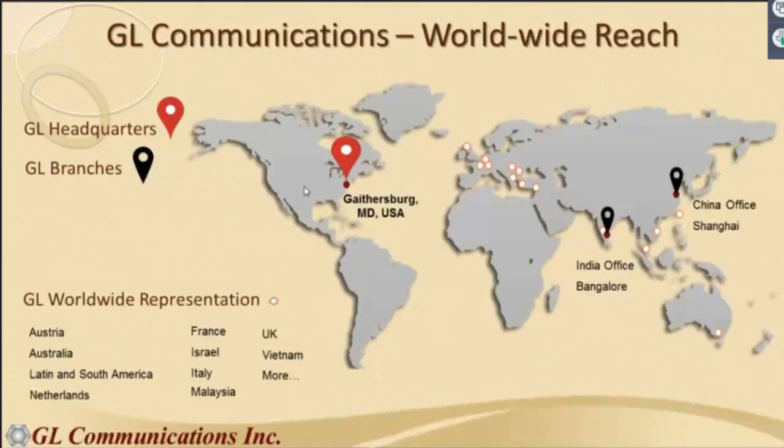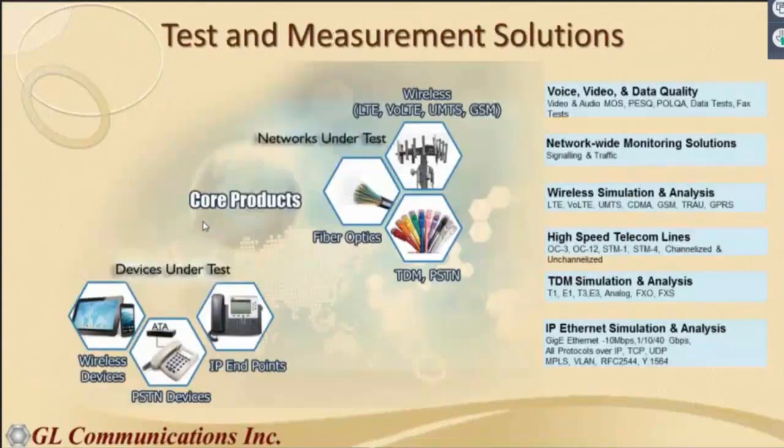As we move forward here, GL has a worldwide reach. Our headquarters, again, are in Gaithersburg, Maryland, but we also have offices in Bangalore, India, and Shanghai, China. We have a very highly capable and experienced team of representatives throughout the world.